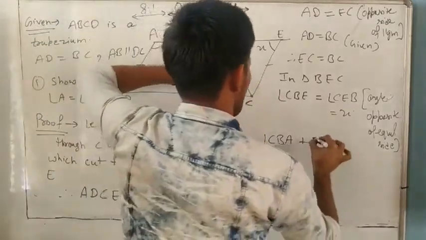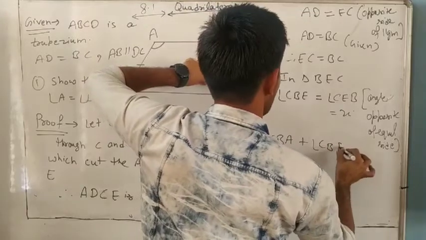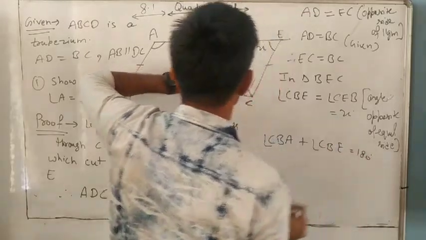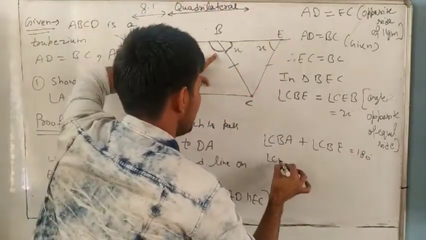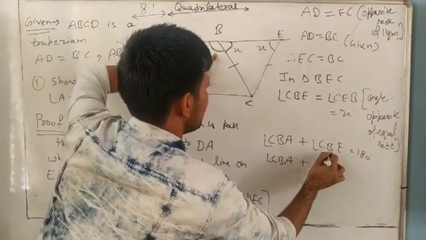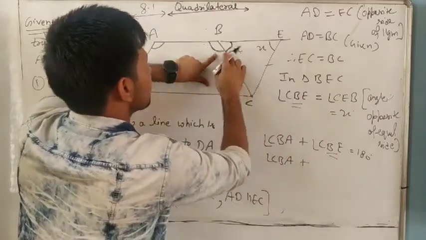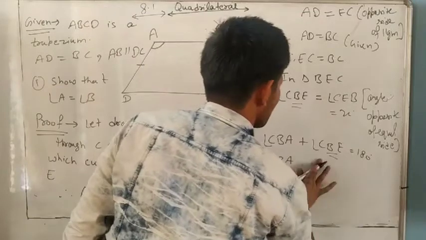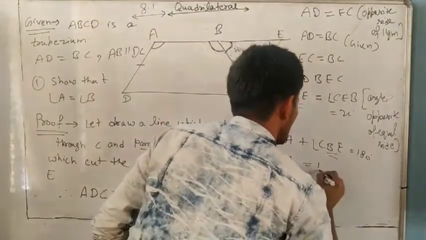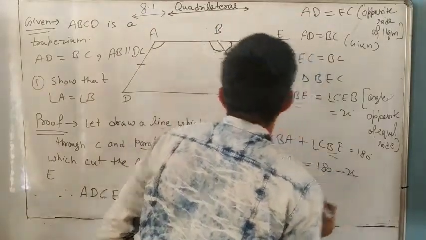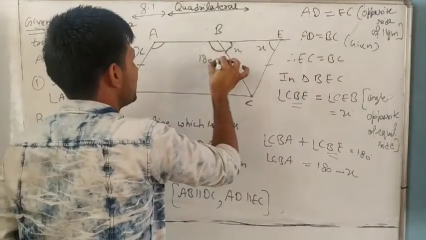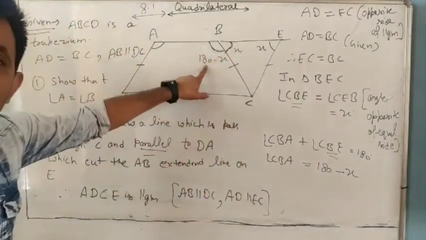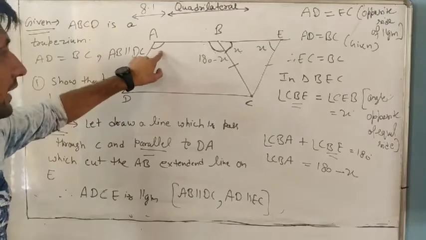So angle CBA plus angle CBE equals 180. CBE is X, so angle CBA is 180 minus X. So this angle is 180 minus X. Okay.